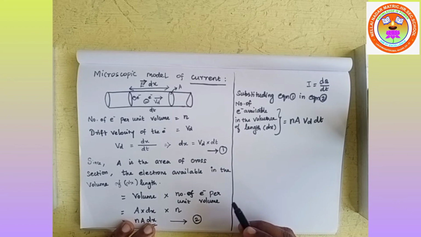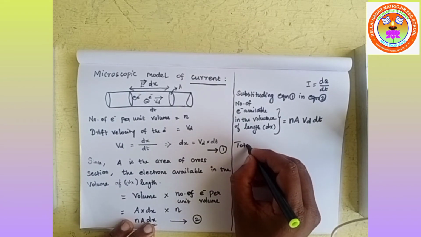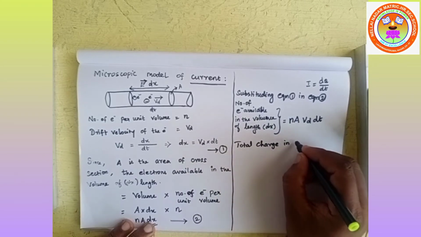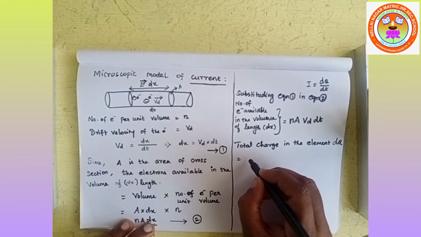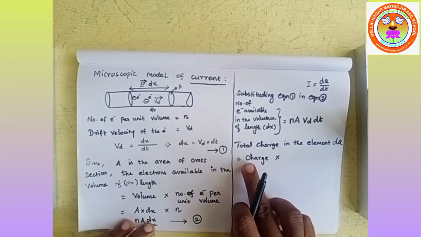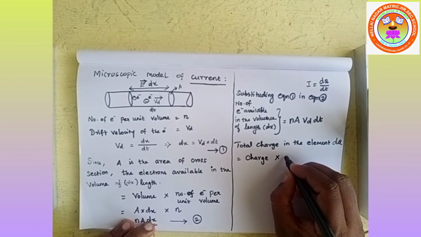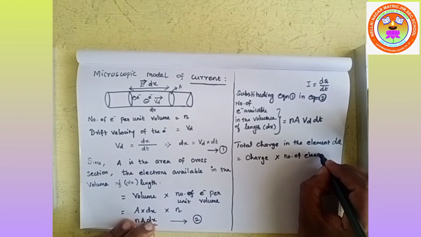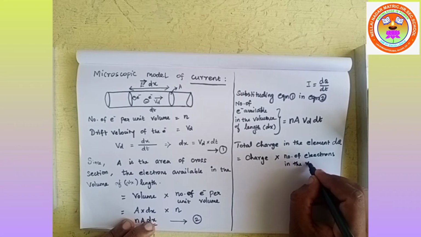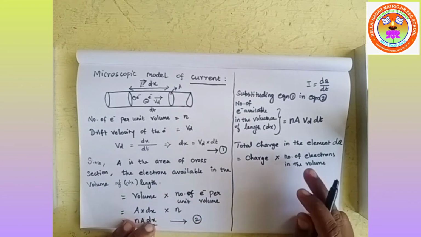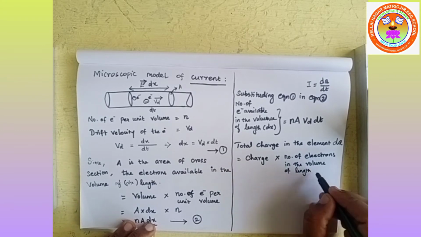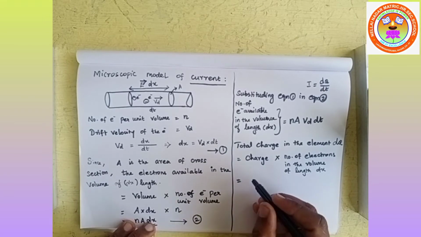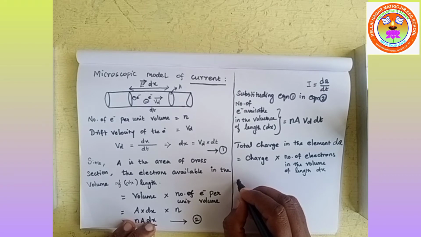The total charge in the element dq is equal to the charge per electron into the number of electrons in the volume element of length dx.